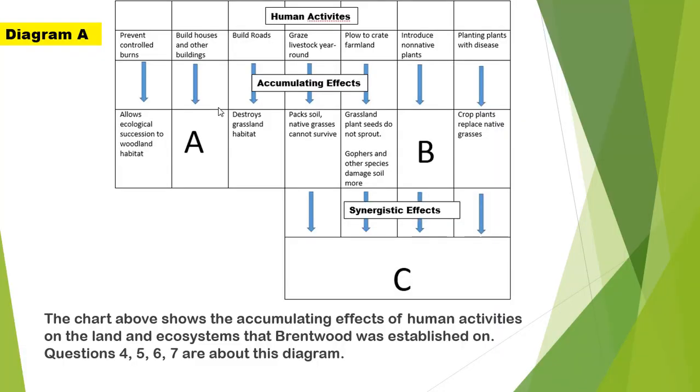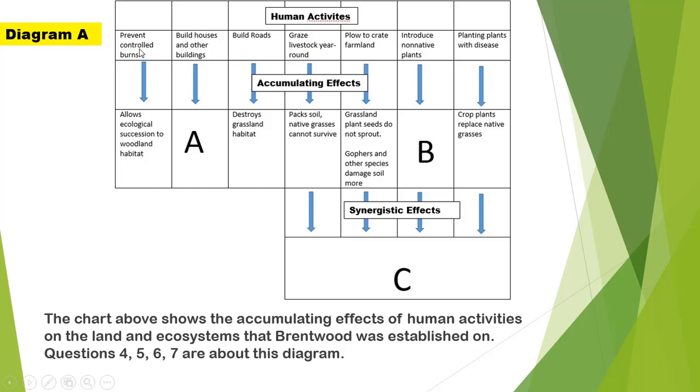So the next questions we'll deal with this chart. The chart above shows the accumulating effects of human activities on the land and ecosystems that Brentwood established on. Questions 4, 5, 6, and 7 deal with this diagram, and that should be on the second page of your activity. It is called Diagram A. So moving through this activity real quick before we get to the questions, we have human activities.